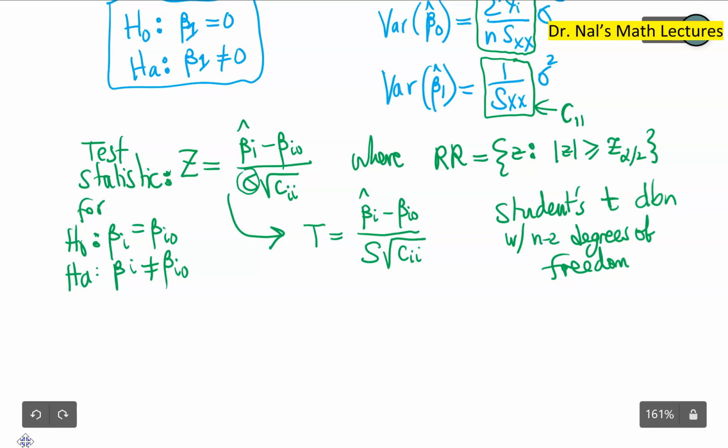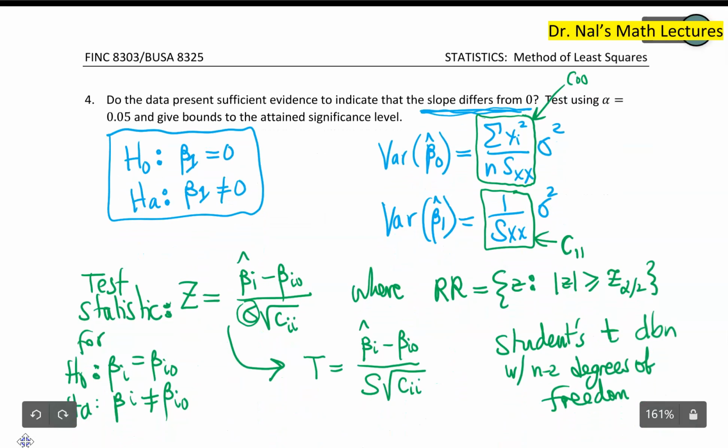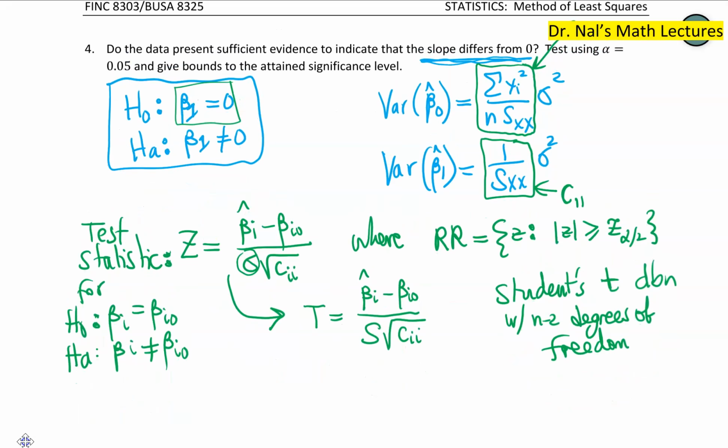Now we are ready to test this result. Is the slope 0.7 significantly different than 0? That's what we want to test. We just plug the values into the formula, and then we should be done. Because we are doing it for beta 1, we replace the i in this formula with 1.